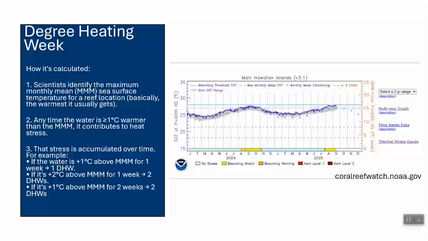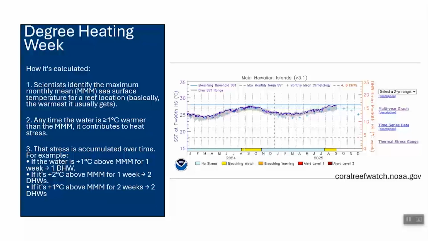So for example, if the water is 1 degree Celsius above the max monthly mean sea surface temperature for 1 week, we multiply those two numbers: 1 times 1 equals 1 degree heating week. If it's 2 degrees Celsius above for 1 week, then 2 times 1 gives us 2 degree heating weeks.